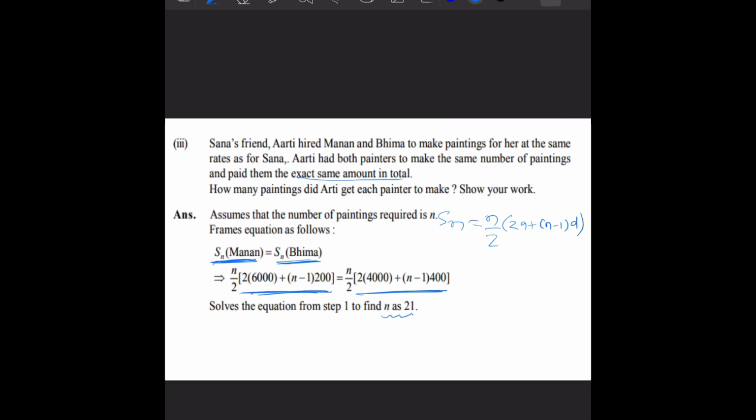So that's it. You need to solve this equation, right? I hope you will solve it. n by 2 वो दोनों तरफ से cancel हो जाएगा. This will be what? 12,000. Right?